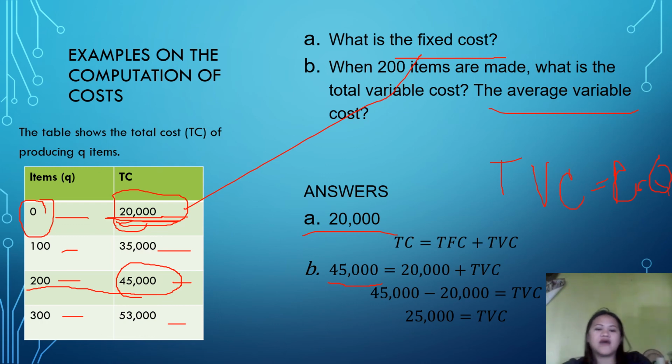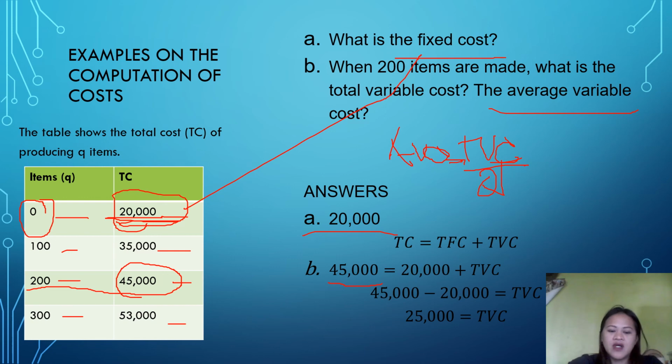But since we are deriving the average variable cost, average variable cost could be derived by total variable cost divided by your output. So in that case, we have to determine first your total variable cost. Okay, so in this case, look at the formula on this one. You have to write your base formula.